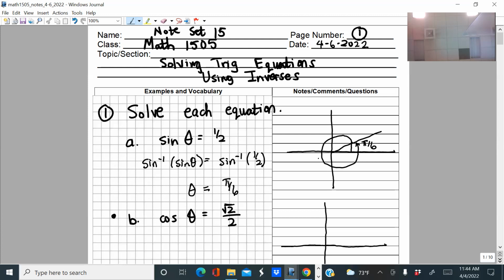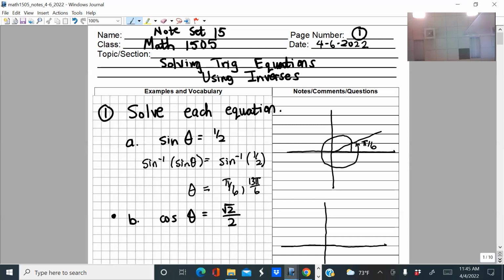What is this angle? Well, it's pi over 6 plus one full revolution. So altogether, how much would that be? That's 13 pi over 6. So another solution to this equation is 13 pi over 6. And guess what? You can keep doing this.